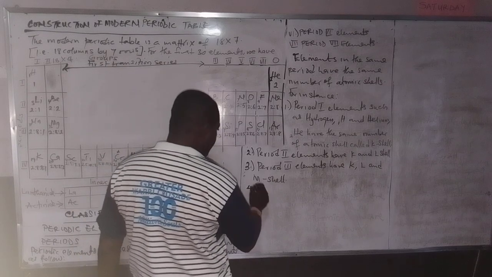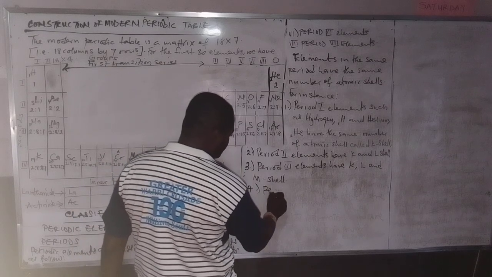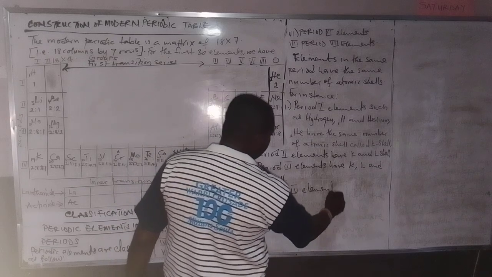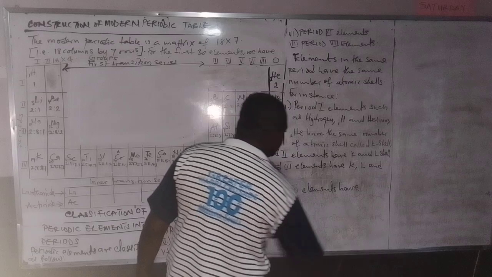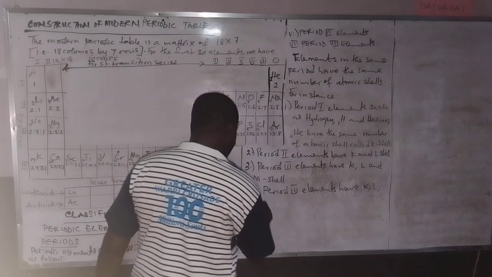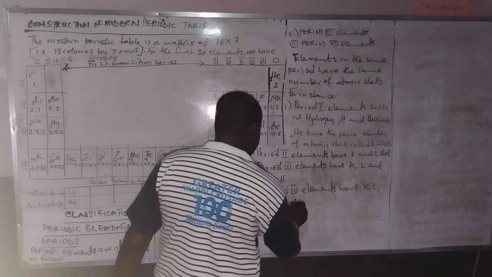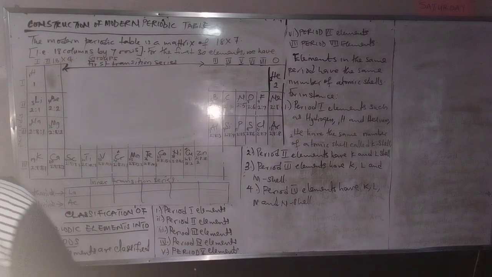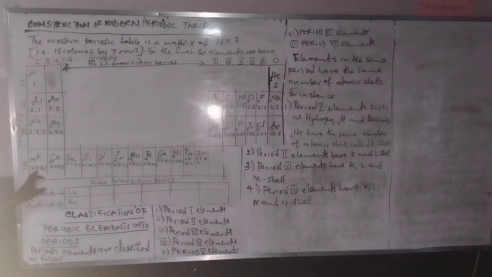Then period 4 elements have K, L, M, and N shells. So they have 4 shells. That's why they are in period 4. Look at potassium 2:8:8:1. Calcium 2:8:8:2. Scandium 2:8:9:2. Titanium 2:8:10:2.